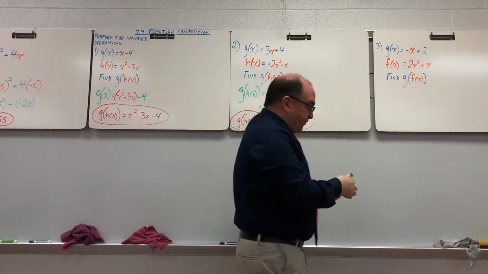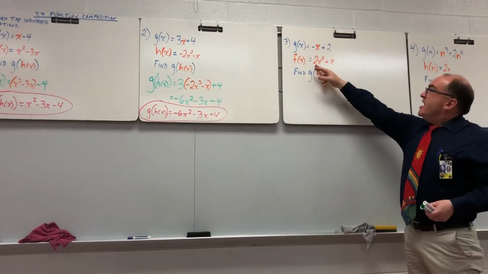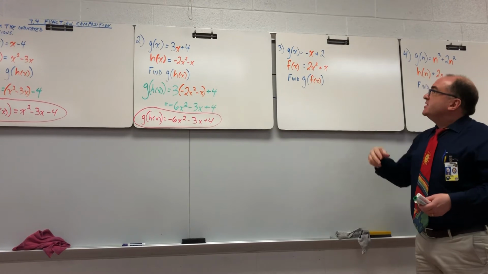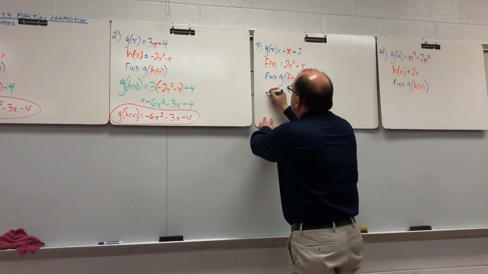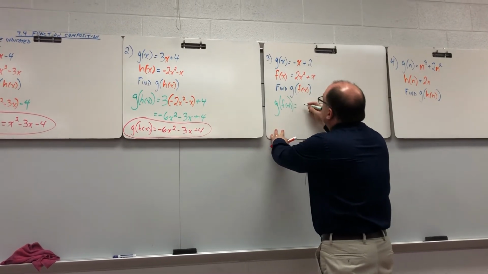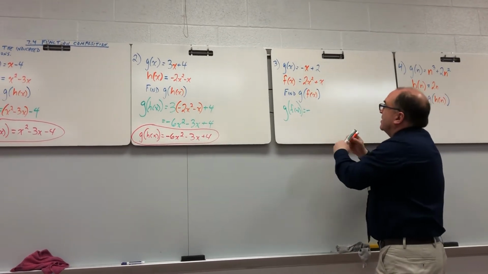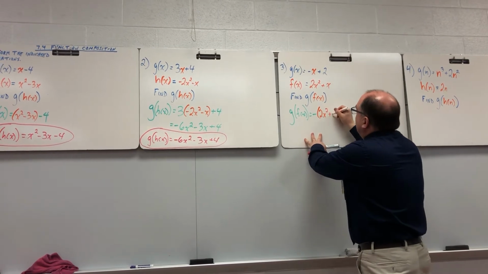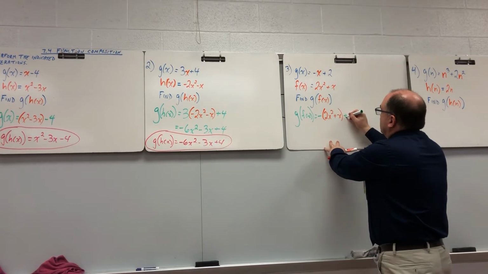Over here, instead of x, I'm putting in 2x squared plus x. Okay? So, g of f of x equals negative 2x squared plus x plus 2.